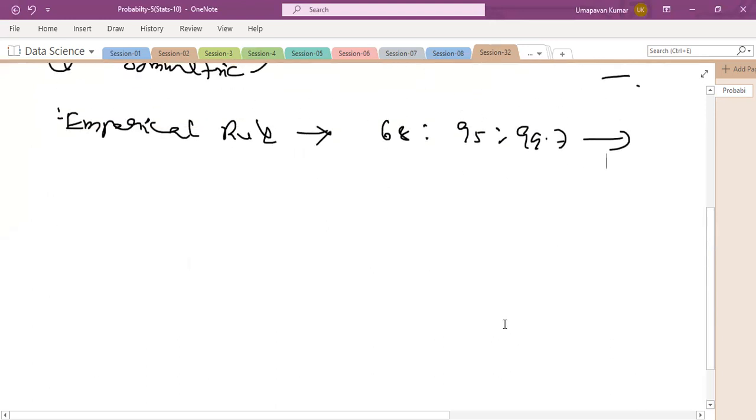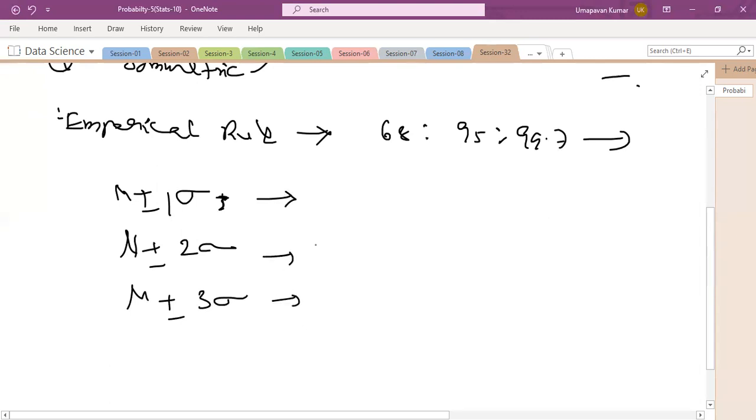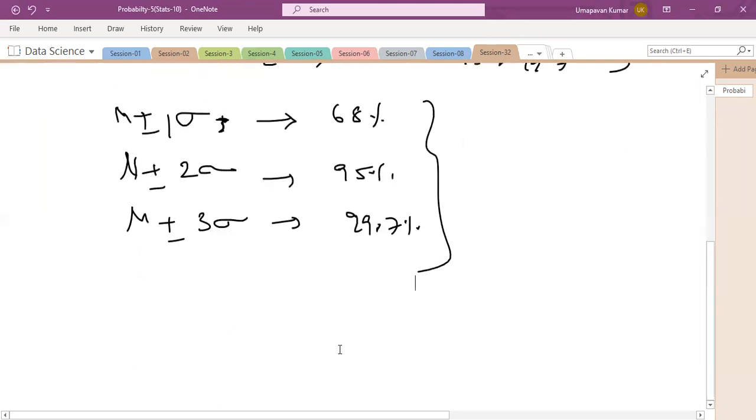There is one more formula actually: mu plus or minus 1 sigma, mu plus or minus 2 sigma, and mu plus or minus 3 sigma. So accordingly you can correlate the kind of data. These are all the things we have observed in case of the normal distribution.